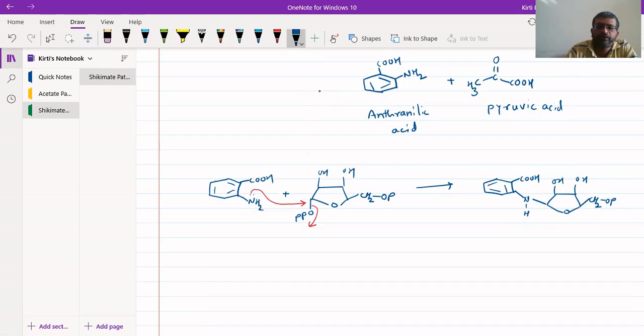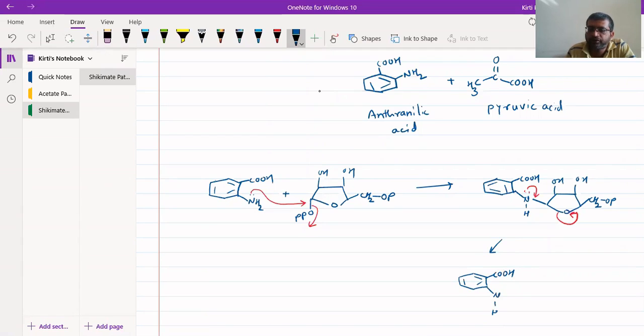Now what happens in the next step is the lone pair of electrons on nitrogen will be relayed to break this particular bond from the ribose. That is, ring opening of ribose will happen, and this we get as COOH.